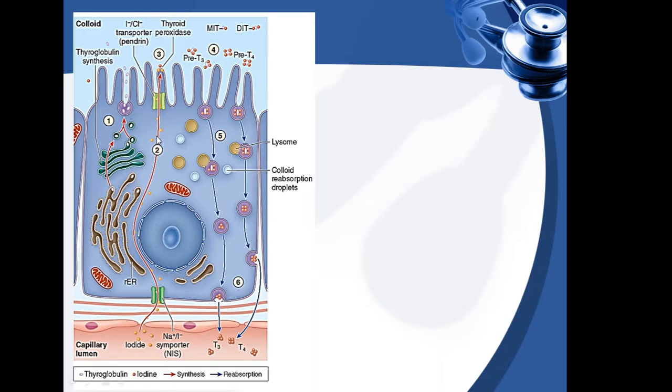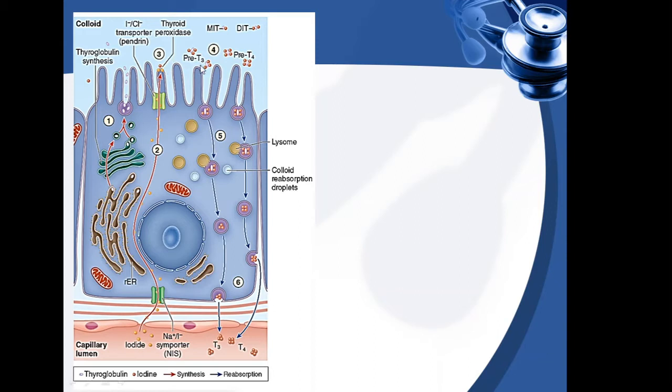and it is released into the colloidal system with the help of iodide chloride transporter called Pendrin, and the thyroid peroxidase converts iodide to oxidized iodine.